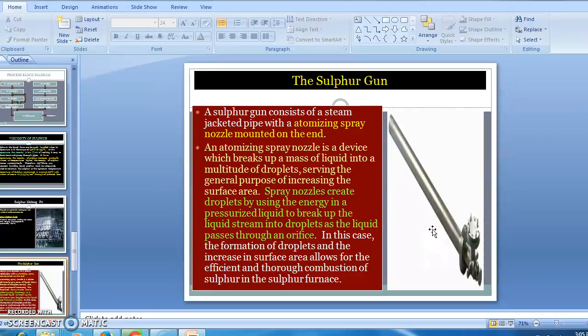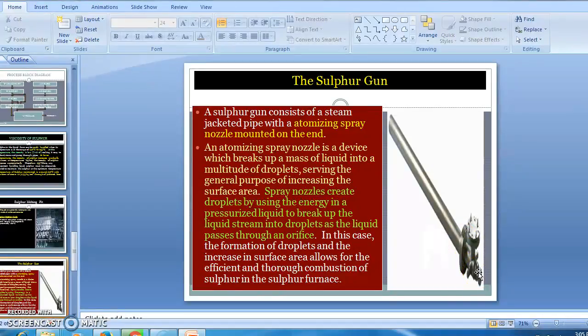You can see when you actually oxidize the sulfur, it has to go as a fine spray so that the surface area increases and complete combustion is ensured. So this is a spray gun, a sulfur gun, which forces the sulfur through fine nozzles.